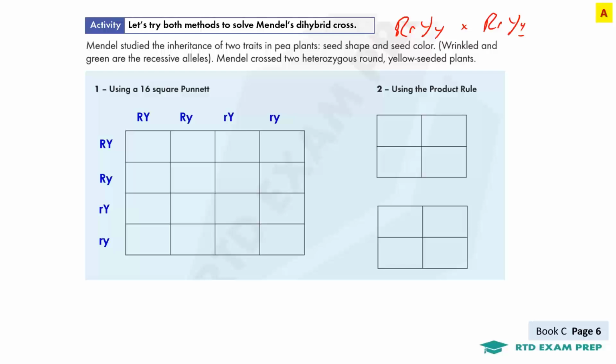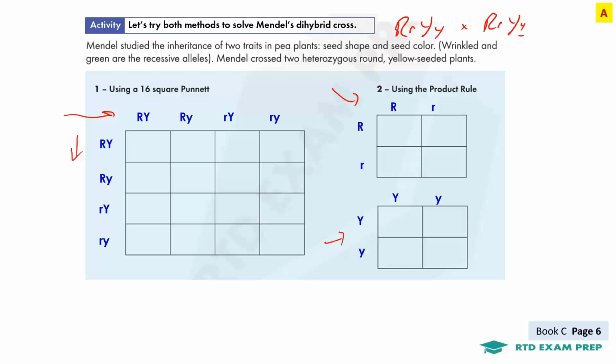So if you remember how I created those gametes on the last one, emphasizing the law of segregation, we now see both our parents and our gametes are crossing here. If you're doing this using the product rule, you only put like letters on each box. So keep your R's here, your Y's here, and I'll explain how to get that 9331 on the product rule.